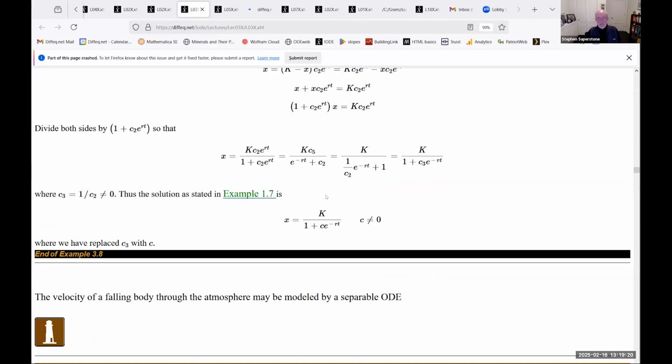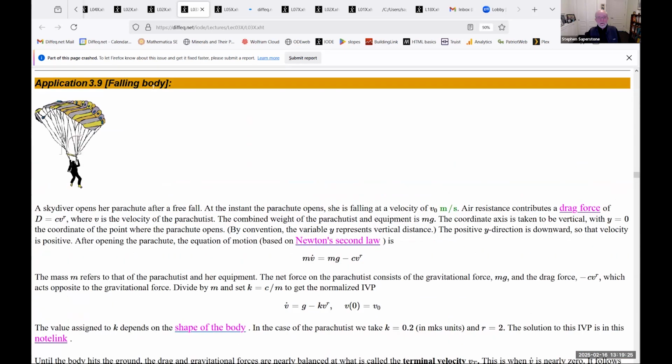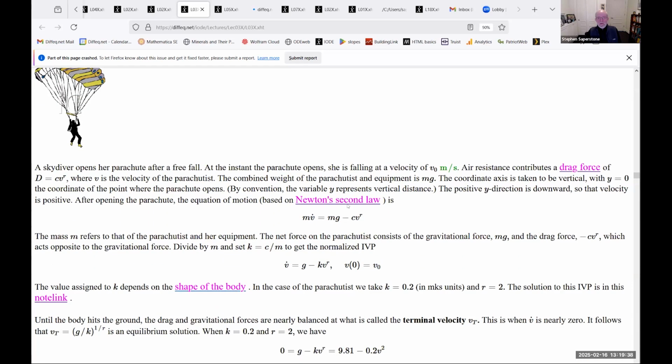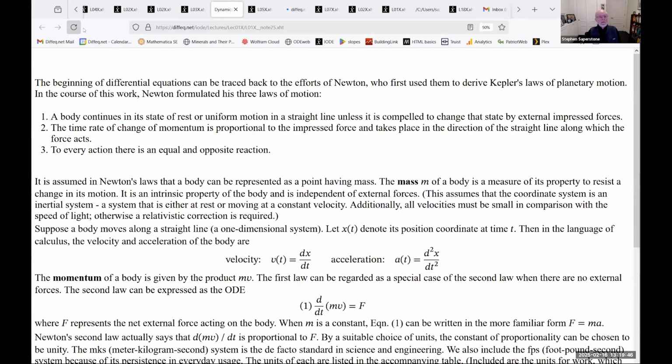Again, down below, it's another model. Free fall, or not necessarily free. The one I've used here has this resistance, the drag force. And again, for students who need to review some of the physics of this, Newton's second law, there's a link to go with that.